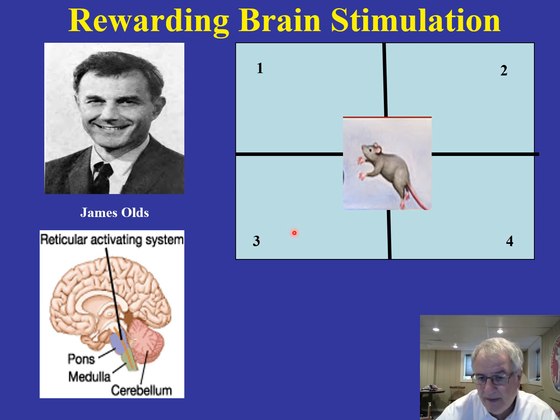They would not want to go back to a place where they had received that, but that was not the case. They were spending an equal amount of time in each one of these areas of the cage.